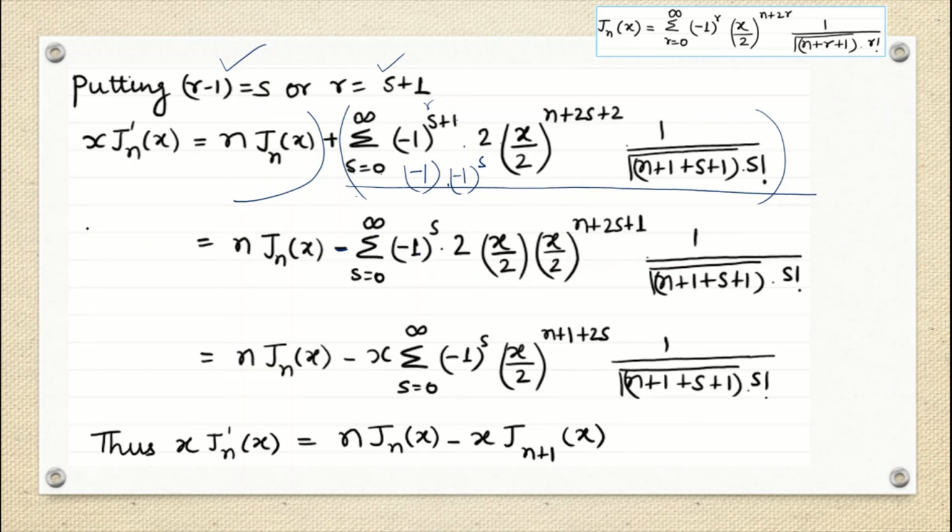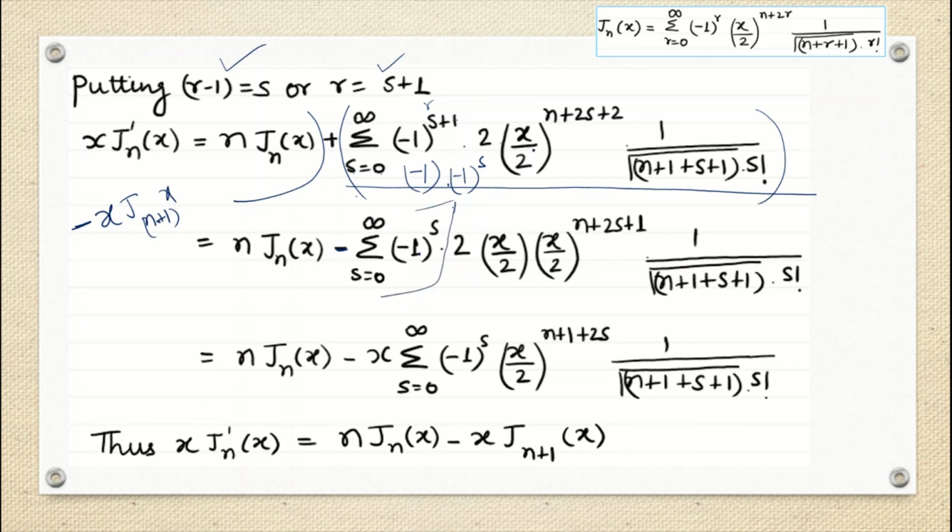I know that I have to write this complete term in the pattern of minus x into J n plus 1 x. So keeping this always in mind, I'm making whatever arrangement I'm making. So this minus is gone here. Now the sum s from 0 to infinity and minus 1 to the power s, till here things are as per the Bessel function formula only.